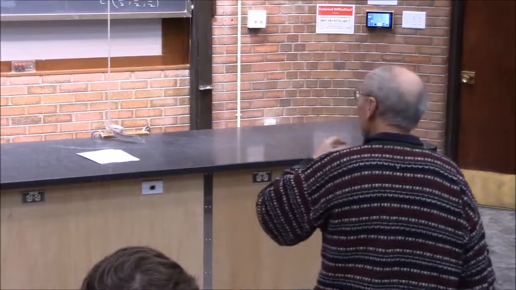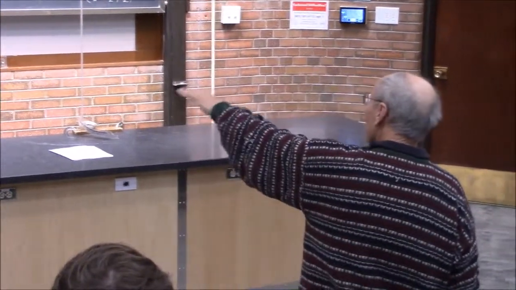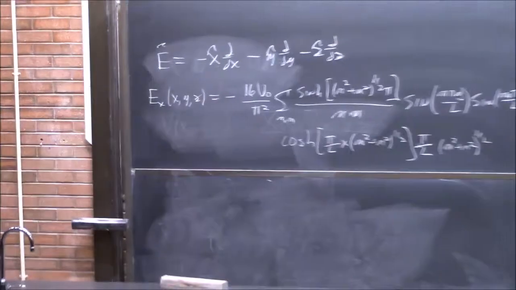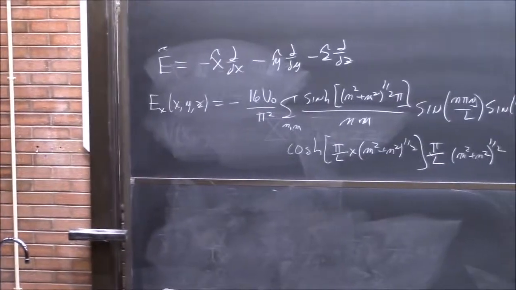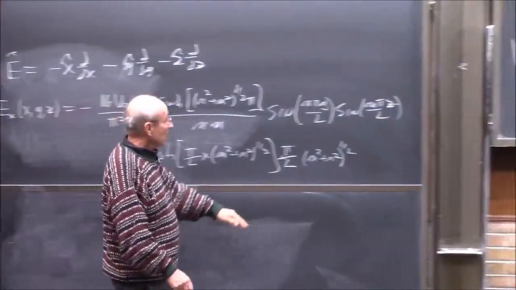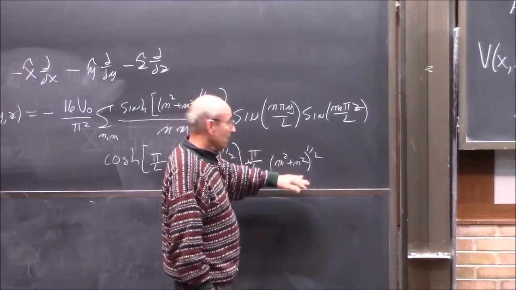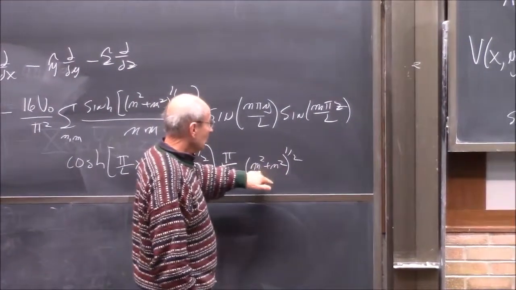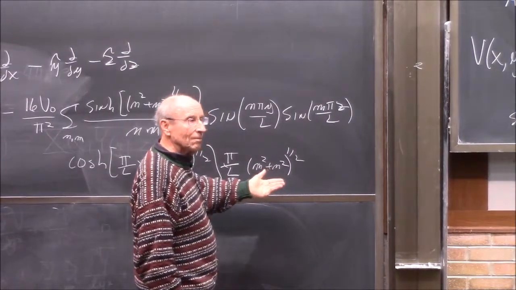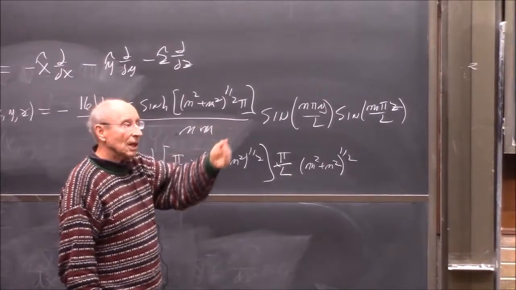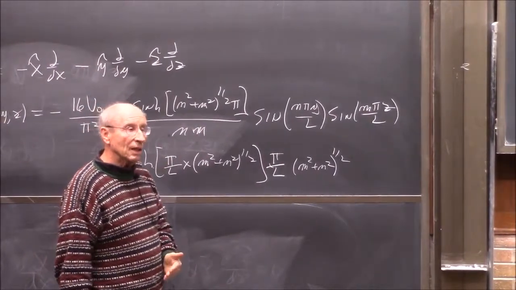Okay, now how in practice would you find the electric field at a given point? You evaluate that sum. Now, how does it depend on n and m? Well, you're going to have square roots of these things, which are going to give you something of the order of m. Means the whole thing is going to go down as 1 over n or 1 over m.